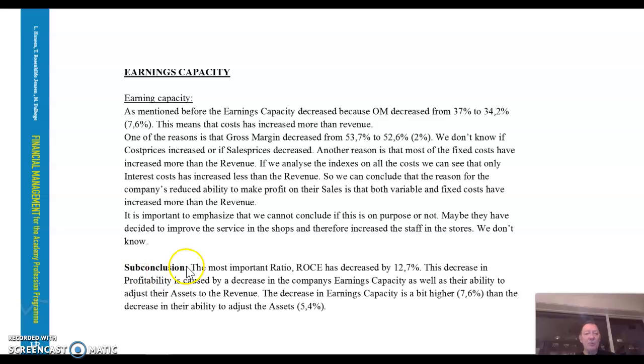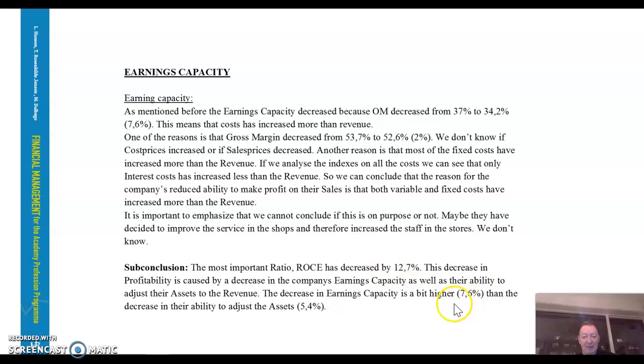So the sub-conclusion on profitability and earnings capacity is the following. The most important ratio, return on capital employed, has decreased by 12%. This decrease in profitability is caused by a decrease both in earnings capacity and their ability to adjust assets.